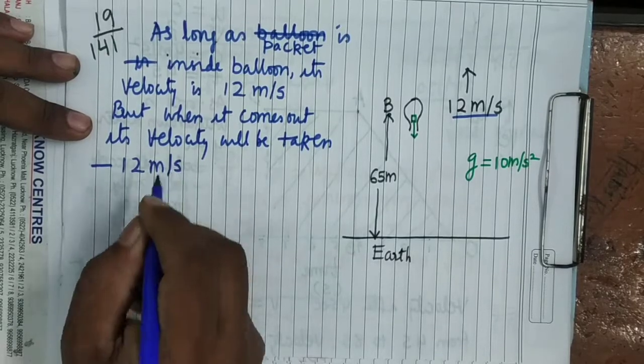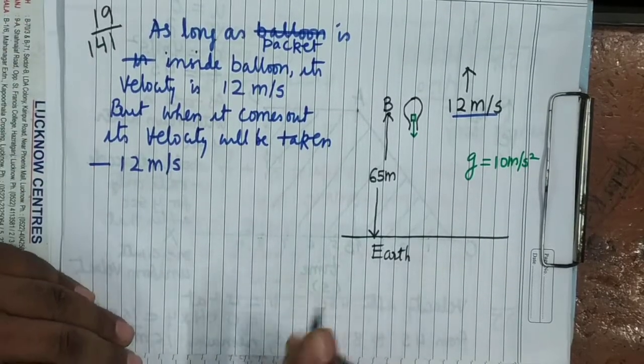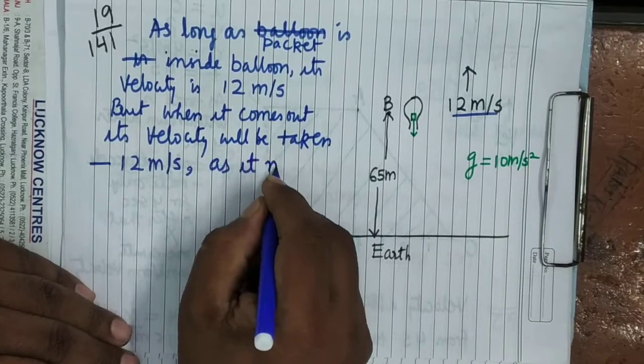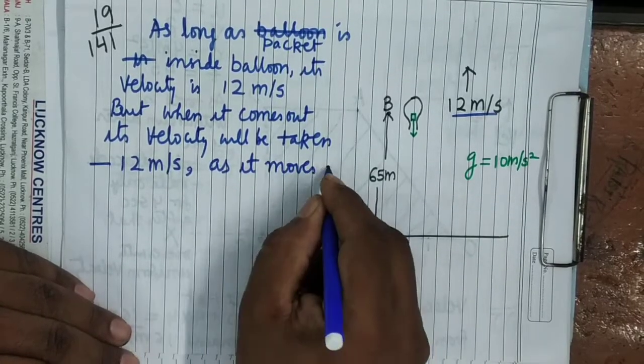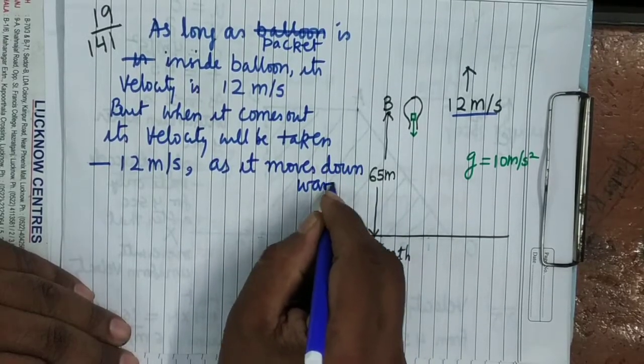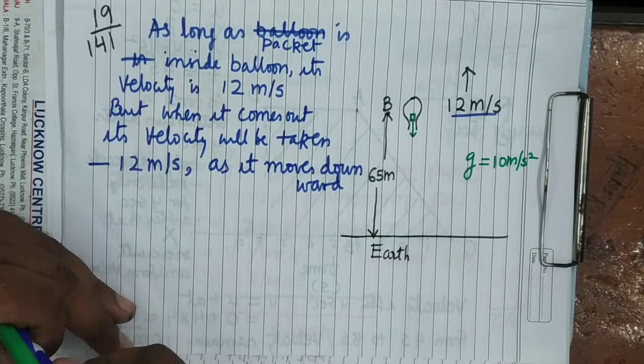And why? Because now it is moving downward. Downward it moves, therefore velocity will be taken minus 12.